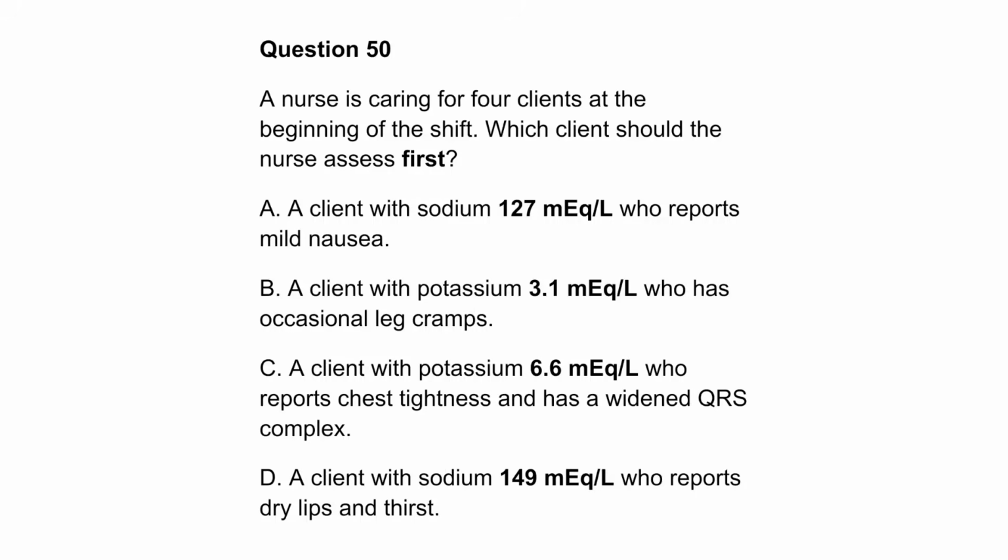Question 50. A nurse is caring for 4 clients at the beginning of the shift. Which client should the nurse assess first? A. A client with sodium 127 milliequivalent/L who reports mild nausea. B. A client with potassium 3.1 milliequivalent/L who has occasional leg cramps. C. A client with potassium 6.6 milliequivalent/L who reports chest tightness and has a widened QRS complex. D. A client with sodium 149 milliequivalent/L who reports dry lips and thirst.